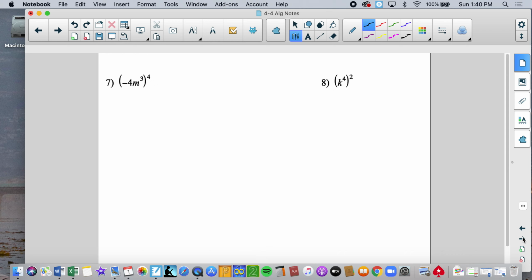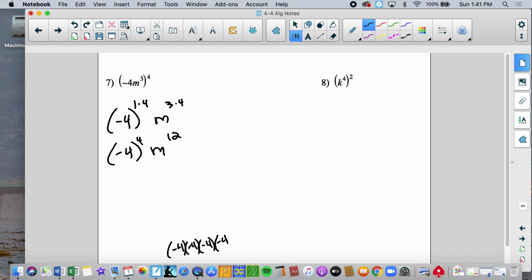Good problem. Here we have that negative again. So we're going to have negative 4 to the 1 times 4, m to the 3 times 4. That's negative 4 to the 4th, m to the 12th. Sounds like Morse code.